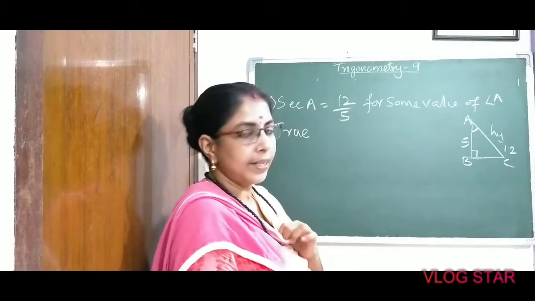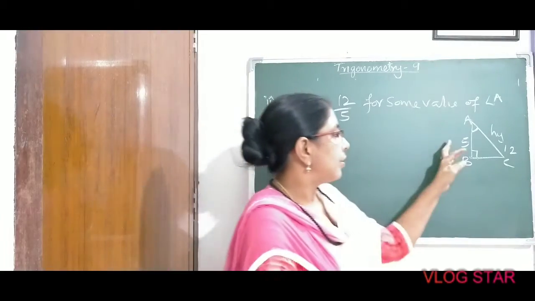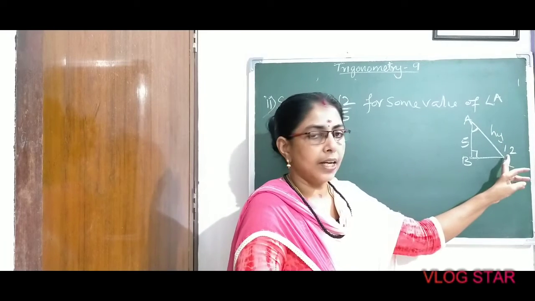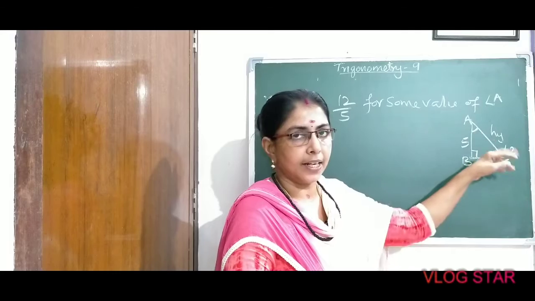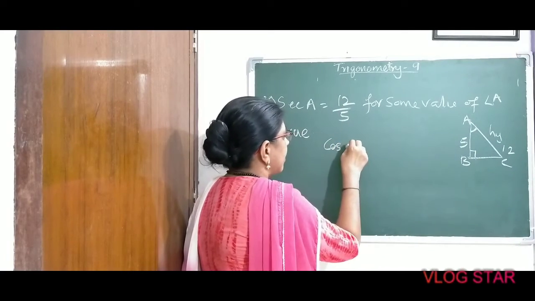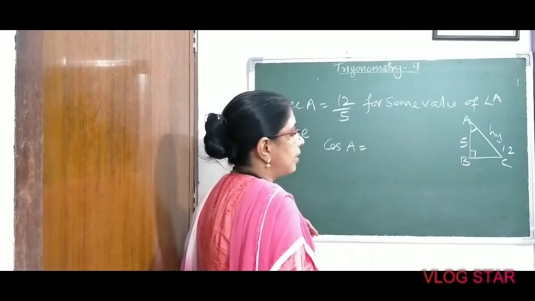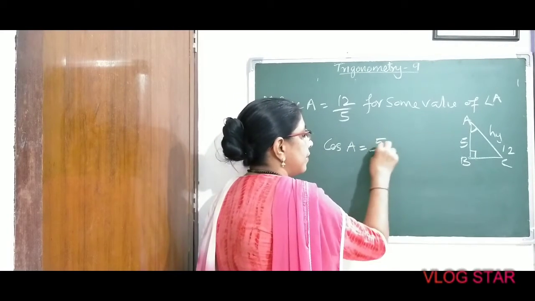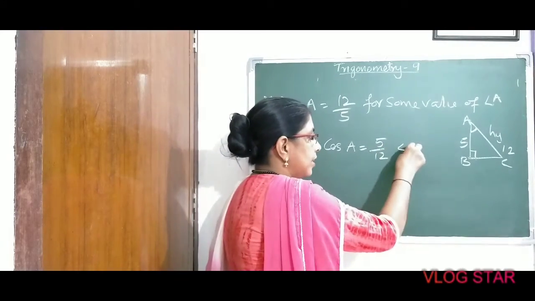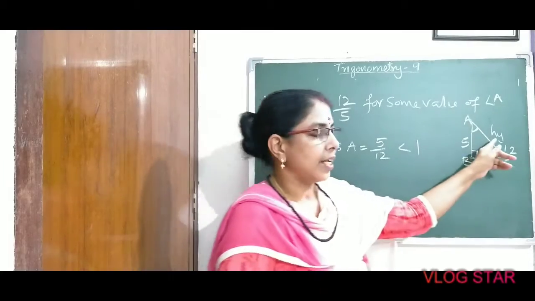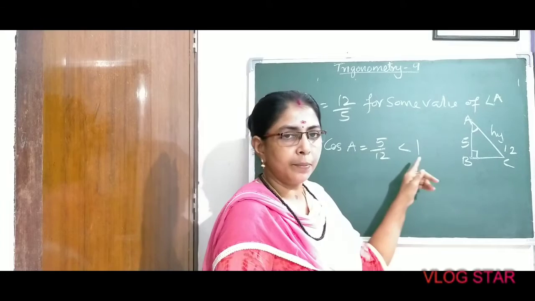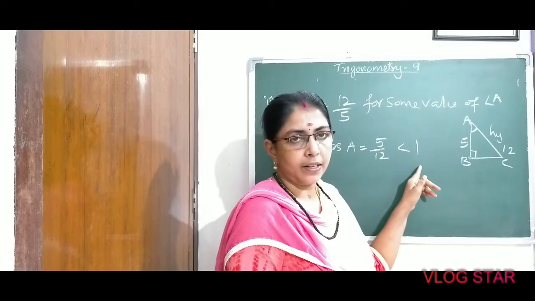Cos is always less than 1. Why? Because in a right triangle the hypotenuse is the greatest side. Therefore cos A is equal to 5 upon 12. The denominator is always greater than the numerator, therefore it is always less than 1.